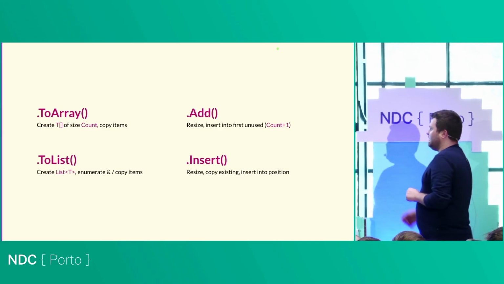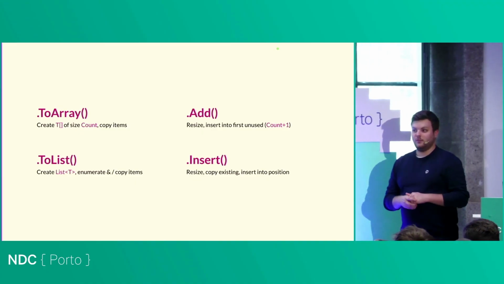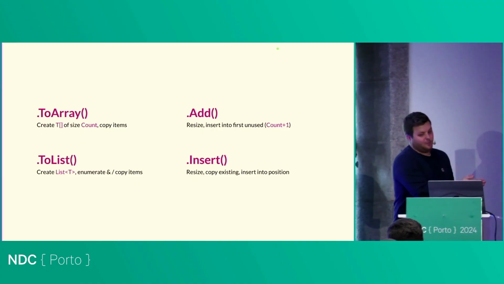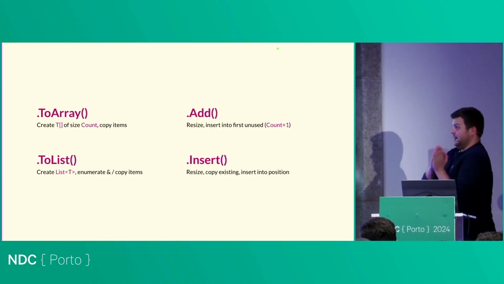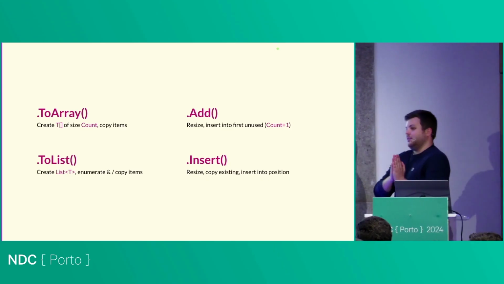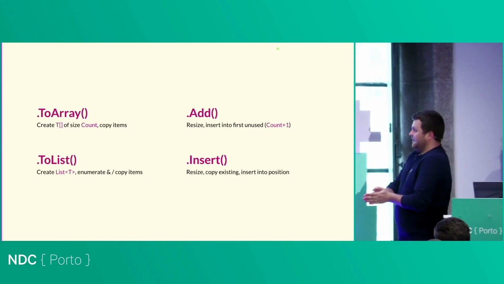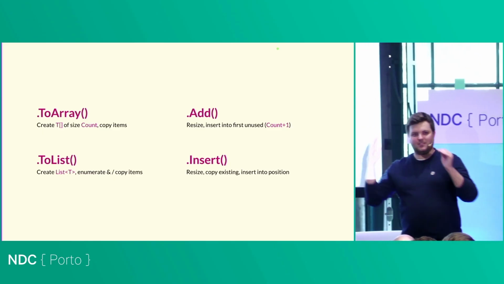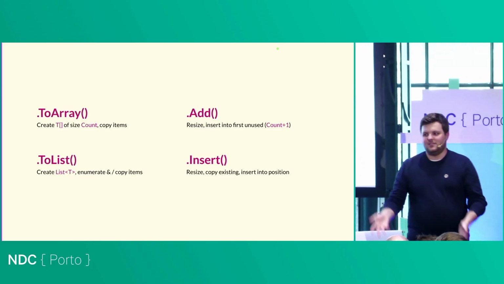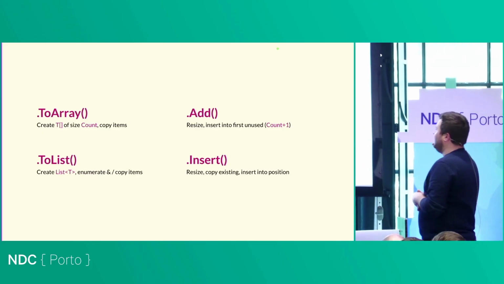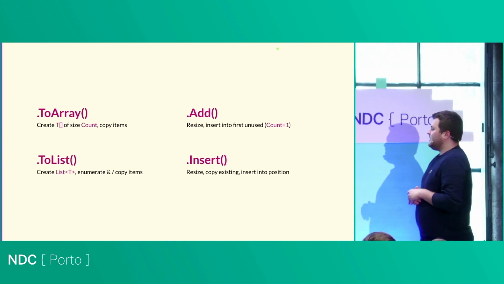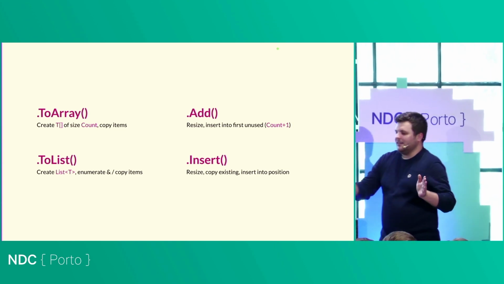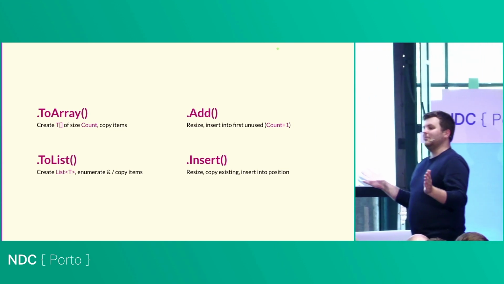Add and insert. These will do a similar operation where they will work out the position that it needs to add your item to. When you're calling add, it's going to get the count, the current length of that array, add 1 and insert that at that position. If that position doesn't exist, it's got to double the capacity of the underlying array. Same with insert. Insert is actually going to completely resize your array every time you do an insert.